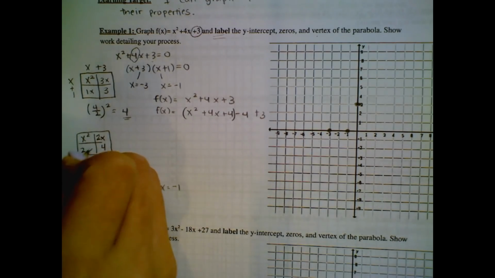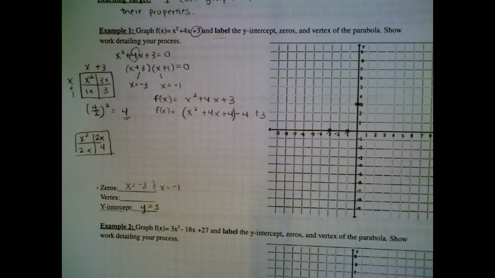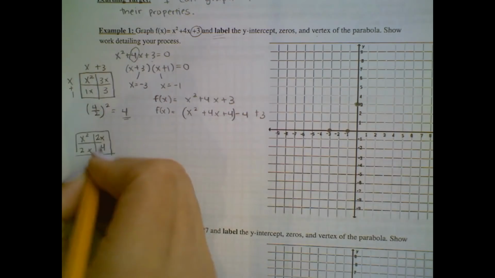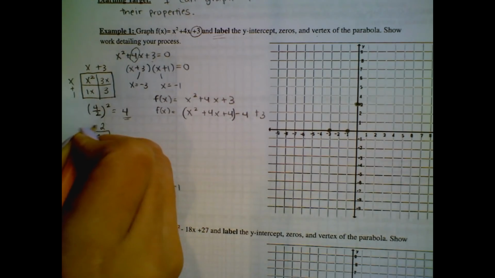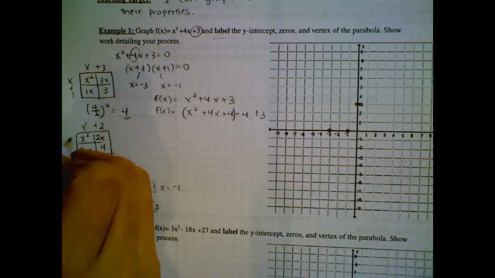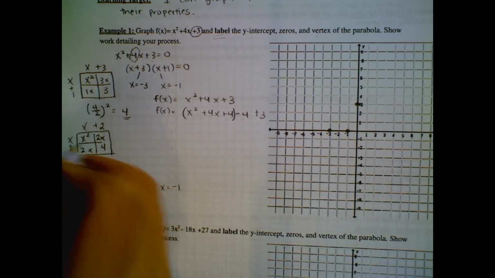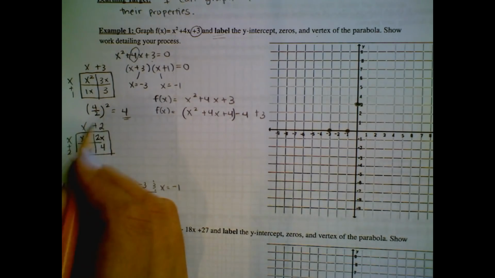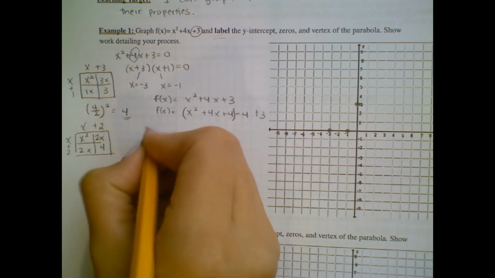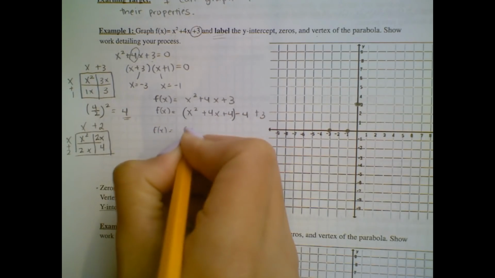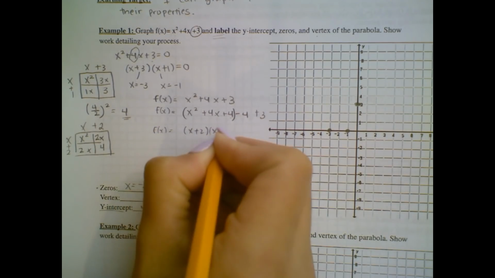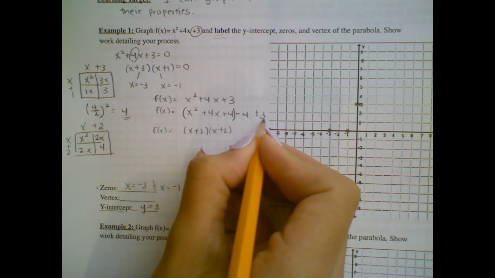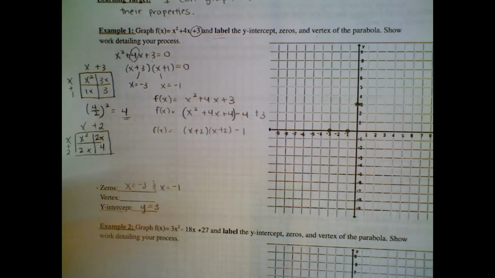So then 2x and 2x. Now we're going to pull out the common factors. You'll notice when you're doing vertex form, these two will always be the same. Just in case you're wondering, it is a pattern that does happen. Minus 4 plus 3 is just negative 1.